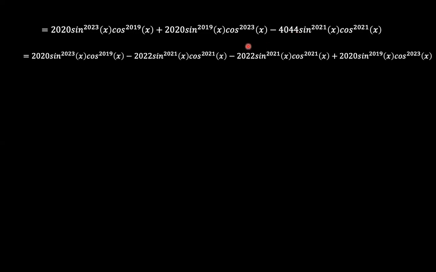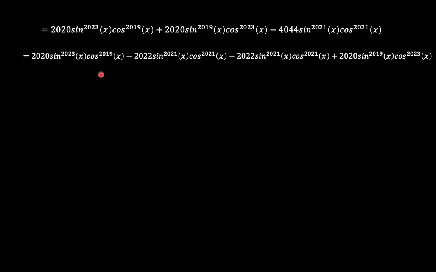So I have 2022 sine to the power 2021x times cosine to the power 2021x brought forward here. And then the next 2022 is left here, and that now is left to interact with this second term.